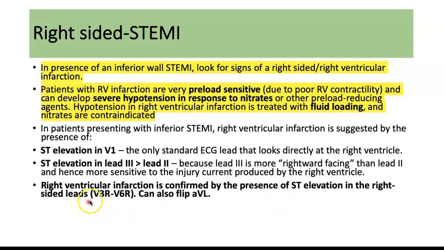That means you're going to get leads placed on the right side of the trunk, so that'd be leads V3R through V6R, just the opposite of the standard EKG tracing. You can also flip AVL, much like we did for lead V2 for a posterior STEMI, to see if you see ST segment elevation to look for a right-sided STEMI, but you need to confirm with a right-sided EKG.